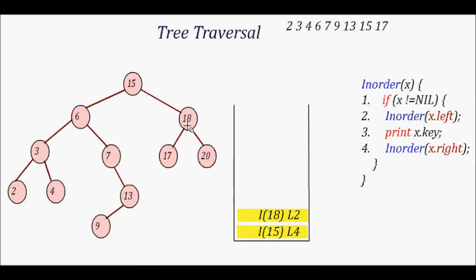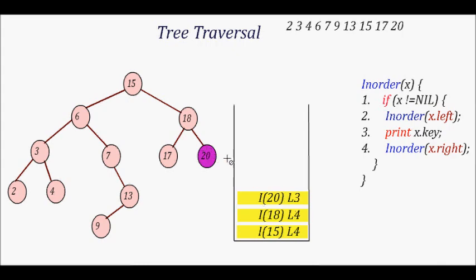Okay, so let's see, I18, it's here, so there's no color here, but I'm at 18 and left node traversal is done. So now I need to traverse the right node, which is 20. So I call I20 L2 line, and its in order left is null, so it then prints itself out.